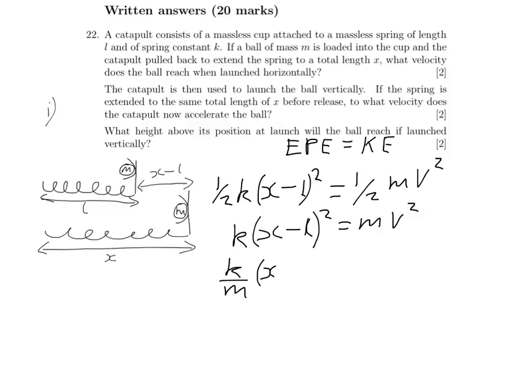We divide both sides by m to give k over m times (x minus L) squared, which is equal to the velocity squared, so we square root both sides. That gives our velocity equal to the square root of k over m times (x minus L).